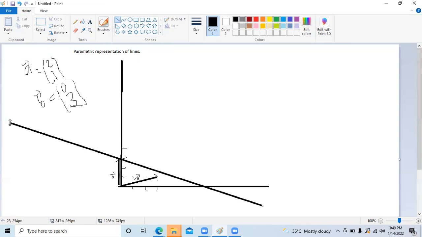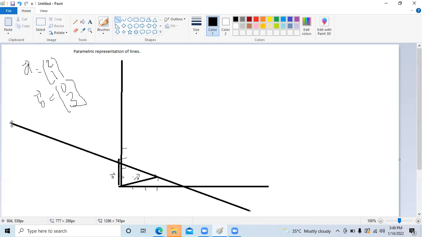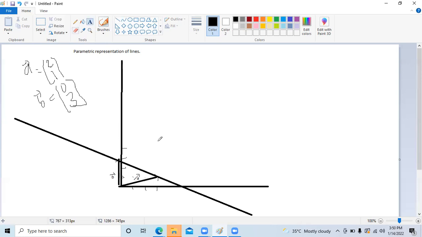Any line that goes through these 2 points till infinity, we can call it vector C, but mathematically, this line is going to be vector B minus vector A.